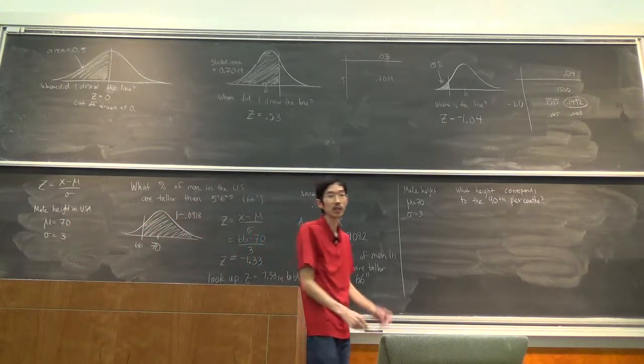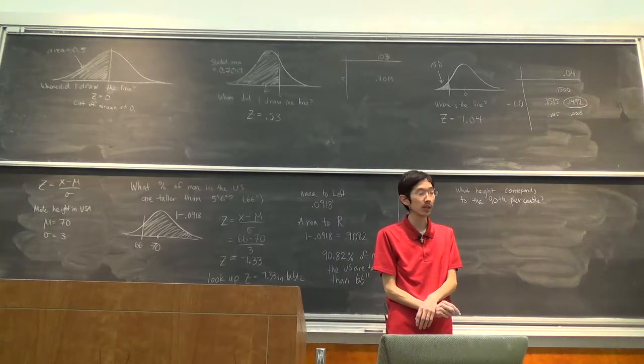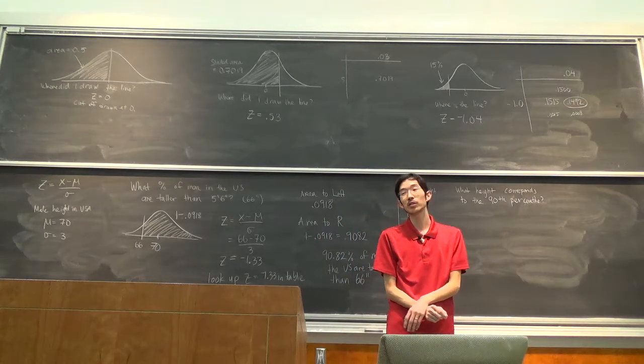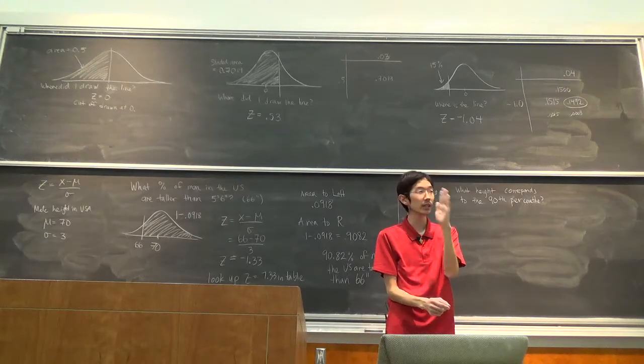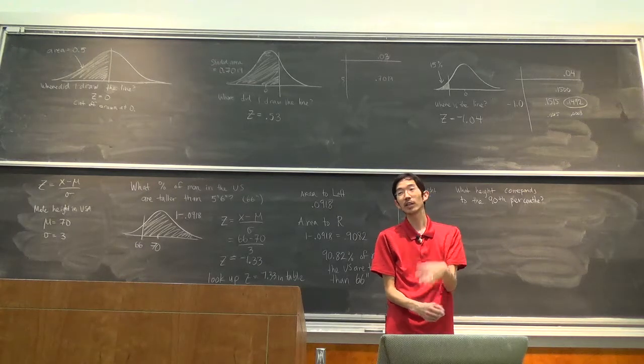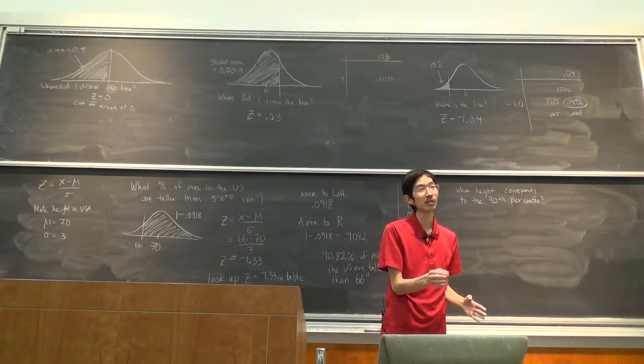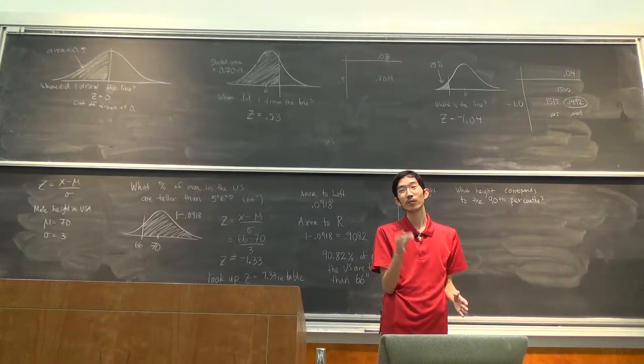What does it mean to be in the 90th percentile? The top 10%. Yeah, it means your height is taller than 90%. If somebody is in the 45th percentile, that person's height is taller than 45%.